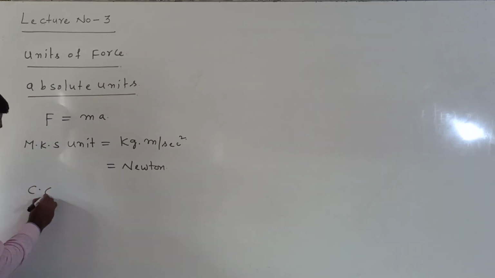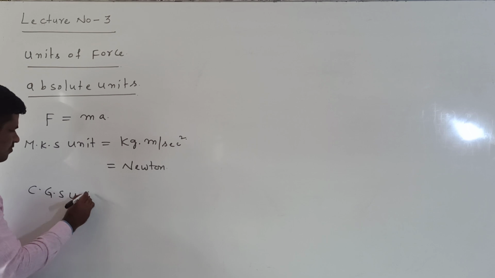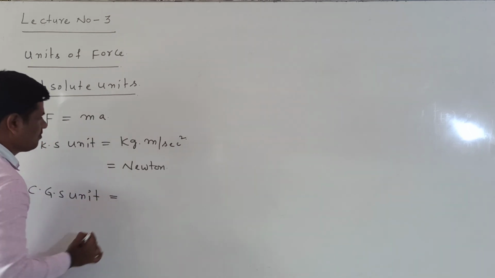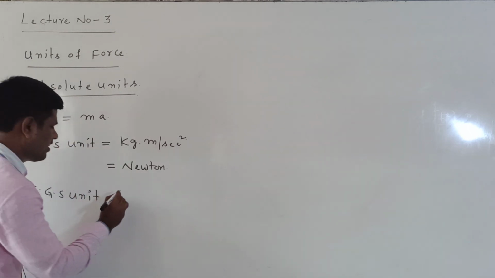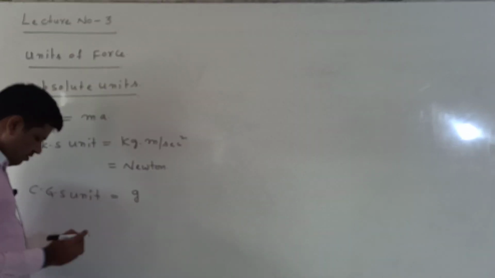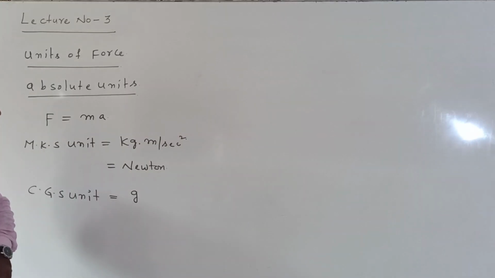Next, another unit is the CGS unit. Here the mass unit is the gram.